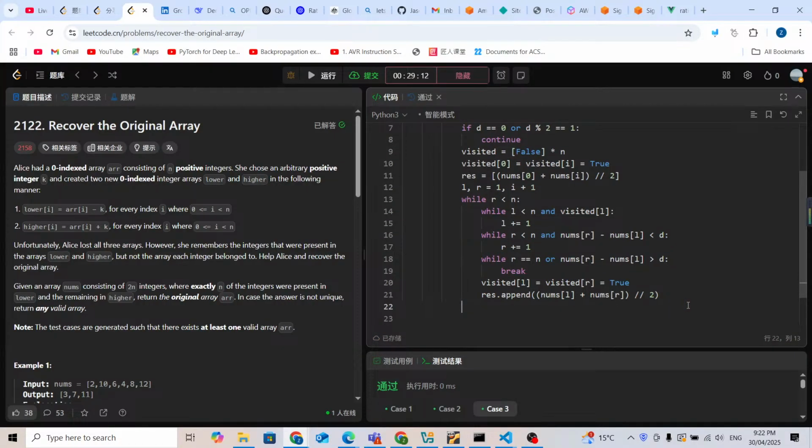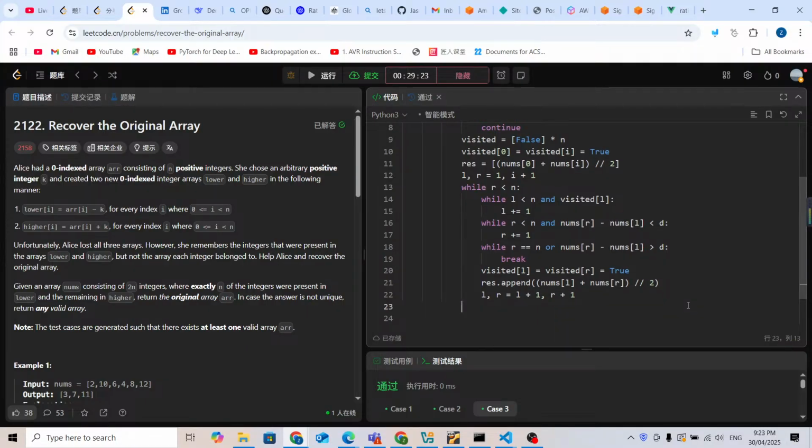Now out of this while loop, after that we need to update this L and R. L is going to be L plus 1 and R is going to be R plus 1. We're going to check the next possible case.